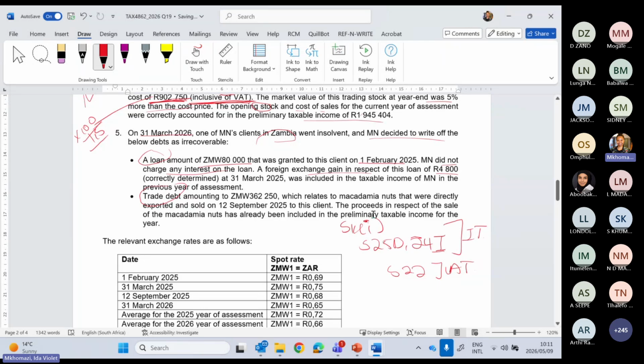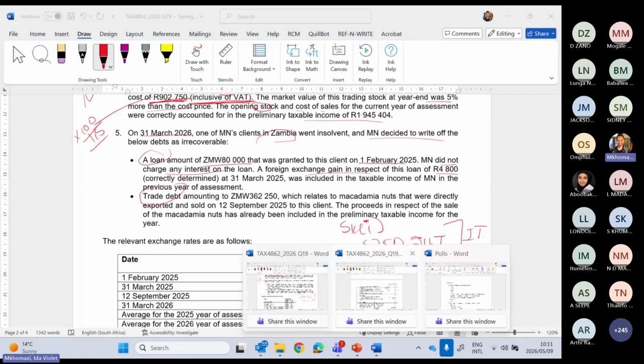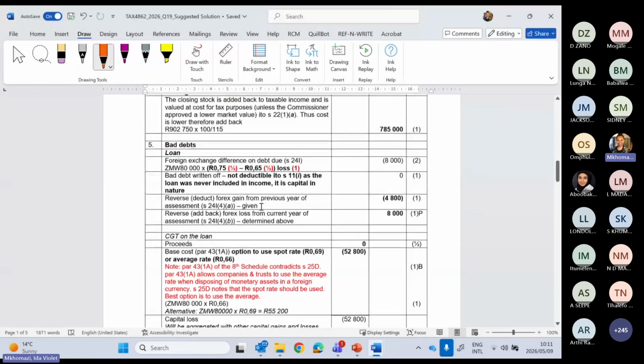So from an income tax point of view for part A, when it comes to the loan, in terms of section 11I, Mabasa Nat will not be able to get the deduction because we are saying that it was never included in income.